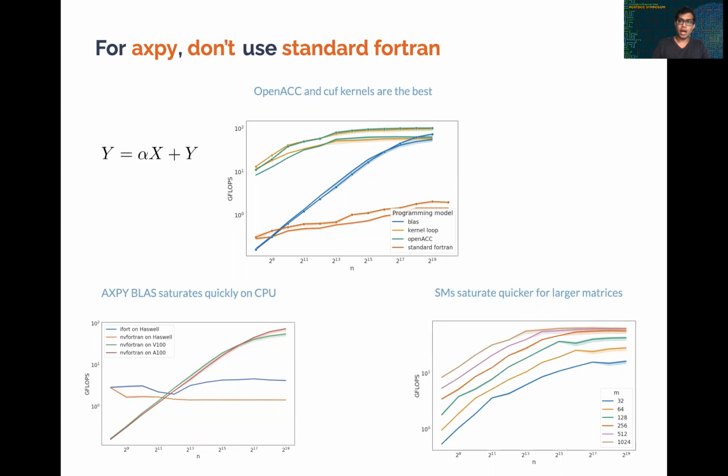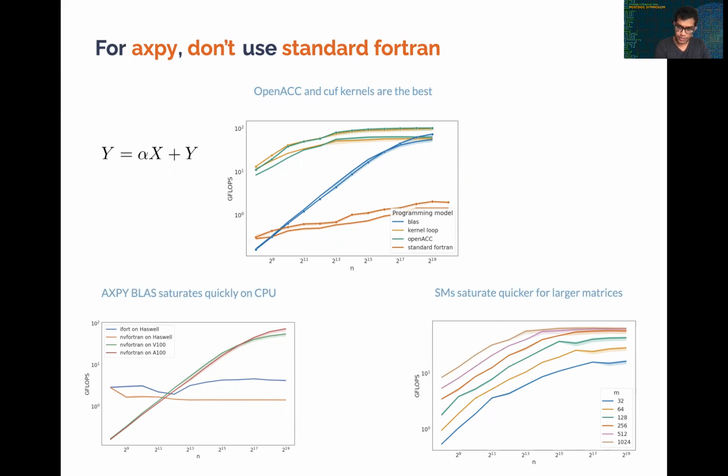If you have a large enough system, your matrix size will always be huge. You can use BLAS, OpenACC, or CUF kernels. They will all give you comparable results. But you have to offload to the device as quickly as possible, because again, it will saturate your CPU very quickly, as you can see in the bottom left figure.